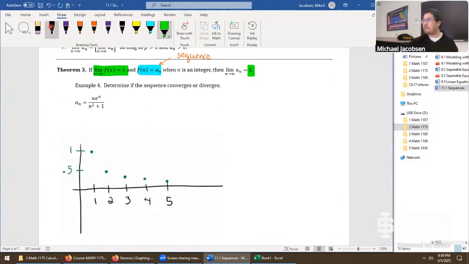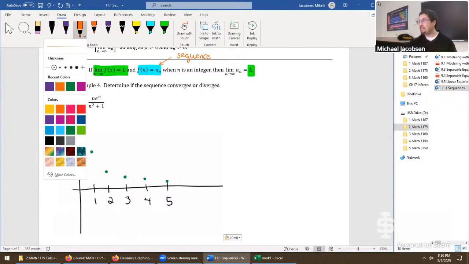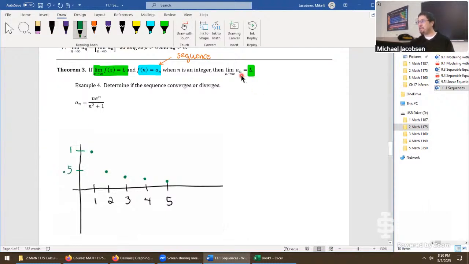So just another view temporarily of what this theorem is trying to say is we're trying to take a limit of a_n, that'd be the limit of the discrete points. However, allow yourself to connect the dots, even though we said not to, for the sake of just doing the ordinary limit. If you do the limit as x goes to infinity of 1 over x, the ordinary theorem from calculus tells us for a constant in the numerator, and x to a power higher than 1 in the denominator, greater than 0, then it's automatically 0 itself.